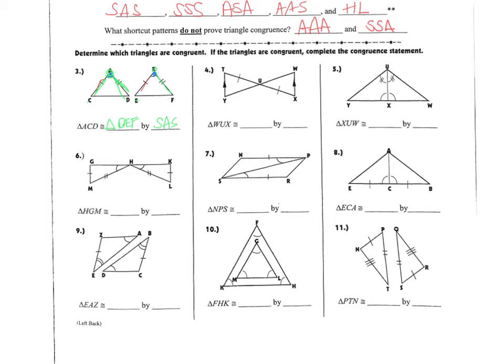we automatically see that we have a side here to a side here. But we are also told that this is parallel to this. And so what that would tell us is that we have some alternate interior angles that are congruent, and that may help us.